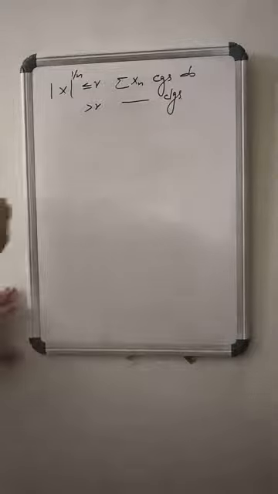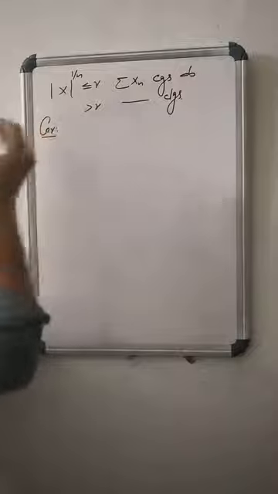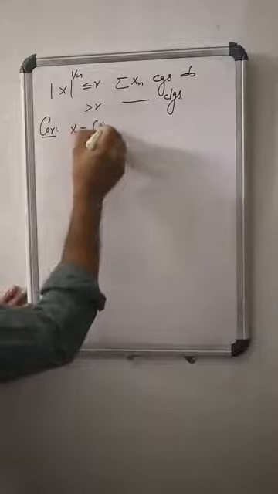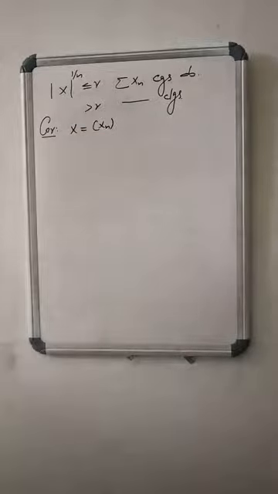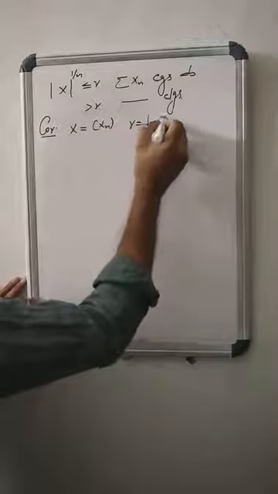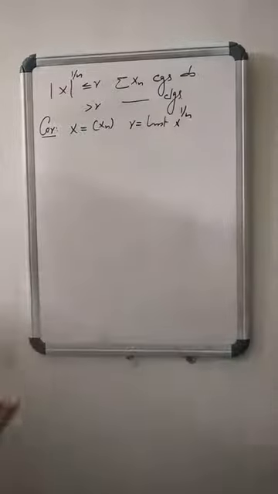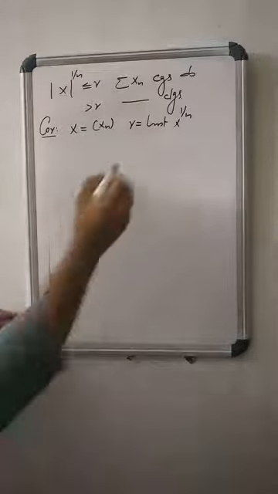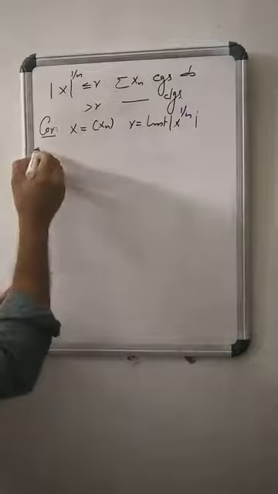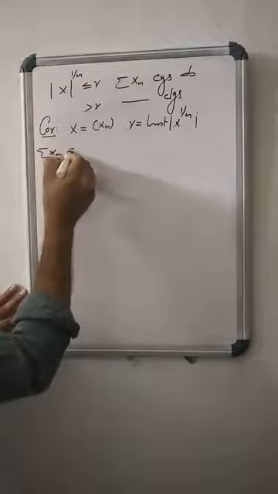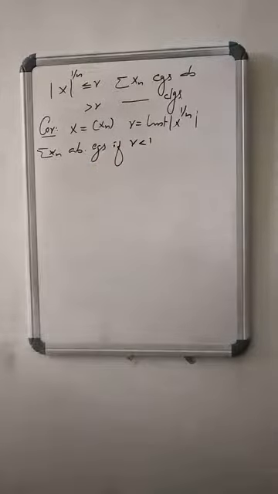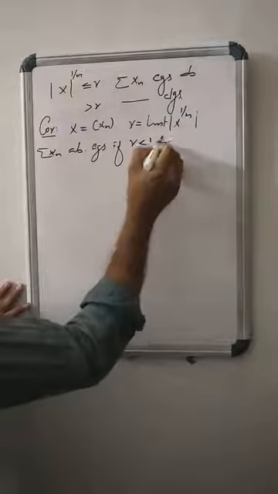Now, come to its corollary. There is a result. Let x_n be a sequence of real numbers, and suppose that r equals limit of modulus of x_n power 1 by n, r in R. Then sigma x_n absolutely converges if r is less than 1 and diverges if r is greater than 1.